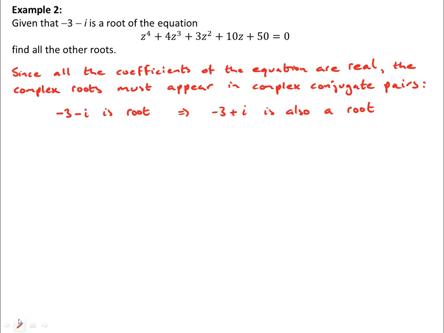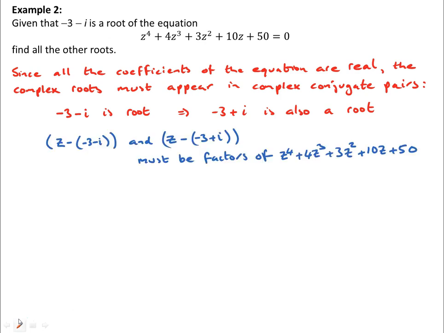Now the fact that I know that minus 3 minus i is a root tells me that z minus (minus 3 minus i) must be a factor of the polynomial. Similarly, the fact that minus 3 plus i is a root tells me that z minus (minus 3 plus i) must also be a factor of the polynomial.